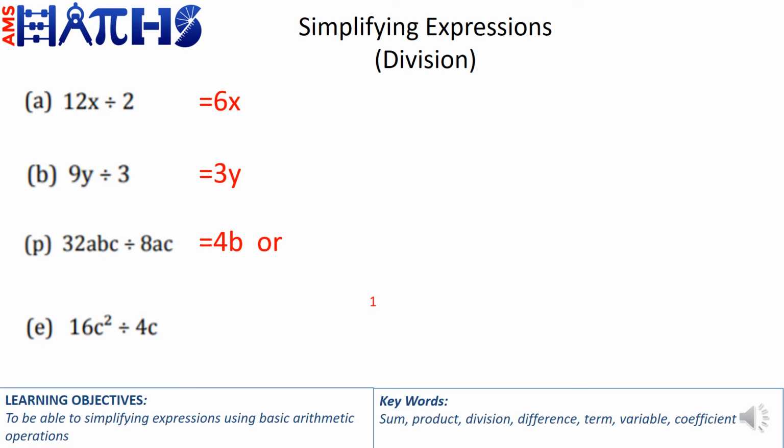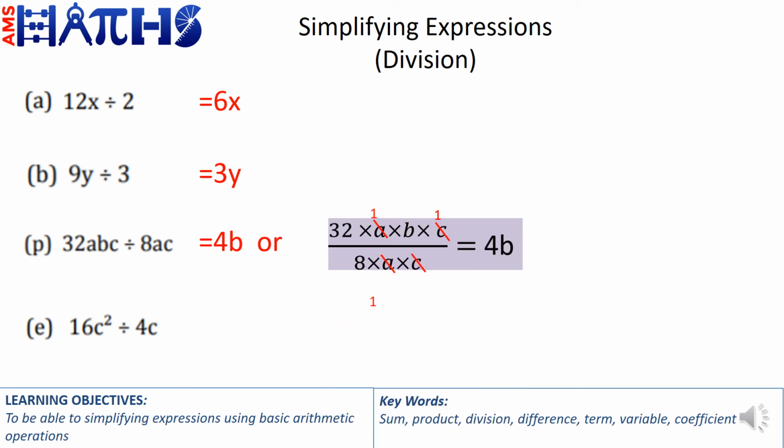To make it clearer, I've written it out as a fraction to show you what actually takes place. I have written 32abc out on top, 32 times a times b times c. And then on the denominator, I have expanded, or broken down, the ac as 8 times a times c.